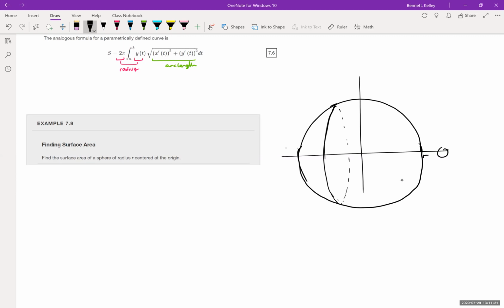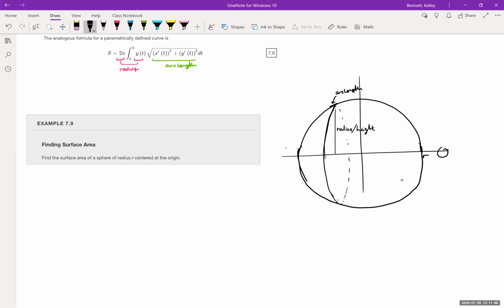So remember that you're just taking this little arc length and you're multiplying it by the circumference. And that's going to give me my whole globe, my sphere.